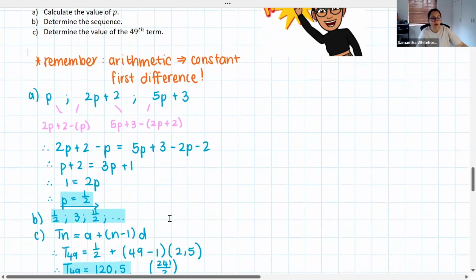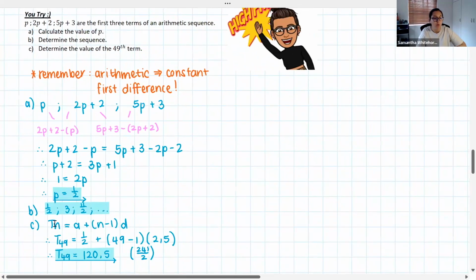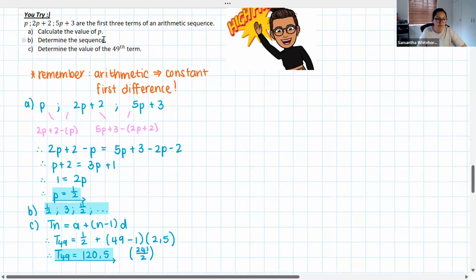Like I say, don't panic that p is a fraction. Once you've got that, you have to find the sequence in b. So you sub it in and then double check that you are adding the same value each time. In this case, what we're adding each time is 2.5. So it is arithmetic, it is linear, you're sorted.